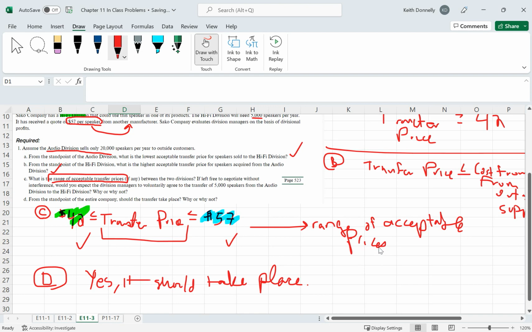This is where it makes sense for both parties, because they're going to want to sell it for more than it costs them. The selling division makes some profit. And the buying division is able to buy it for cheaper than what it would cost on the outside market, so they win as well.